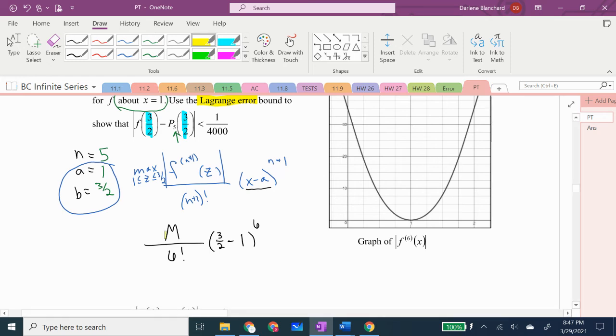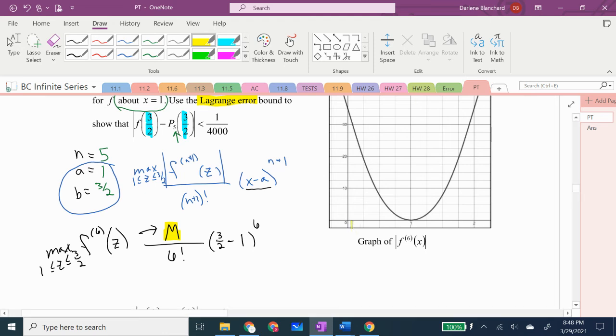And then all I have left is this. What is the maximum of the 6th derivative where z is, again, between the center and the number I'm approximating at?